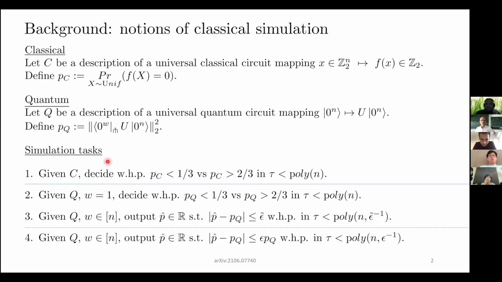So the first task is, given this classical description, decide if this probability is less than 1/3 or more than 2/3. So you promise somehow that it's in one of these 2. And you need to do that in polynomial time. And this essentially defines the complexity class BPP, the class of problems that you could solve with a probabilistic Turing machine.